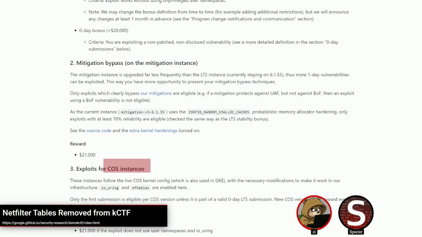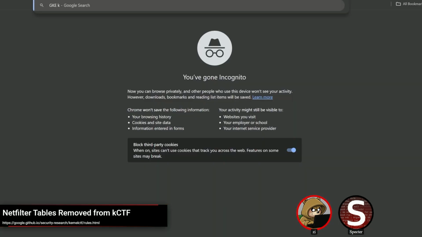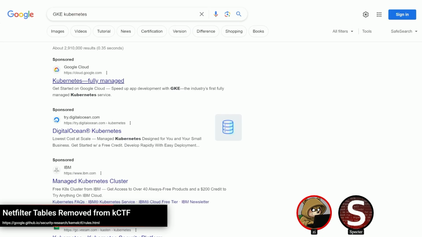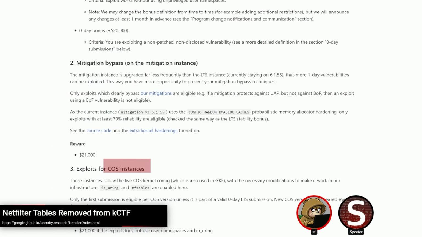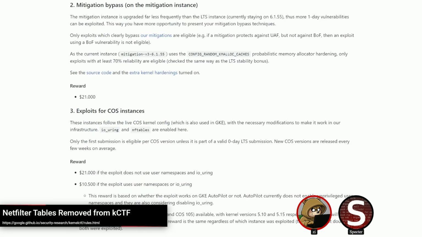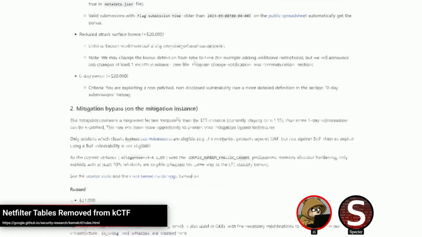GKE here, is that not the Kubernetes service specifically? Yeah, I'm seeing Google Kubernetes Engine. That's what I was thinking, so maybe it's just used there. I thought it might also be used within general cloud. Either way, I imagine they're using Kubernetes within cloud stuff anyhow, so it's probably there in the stack regardless.